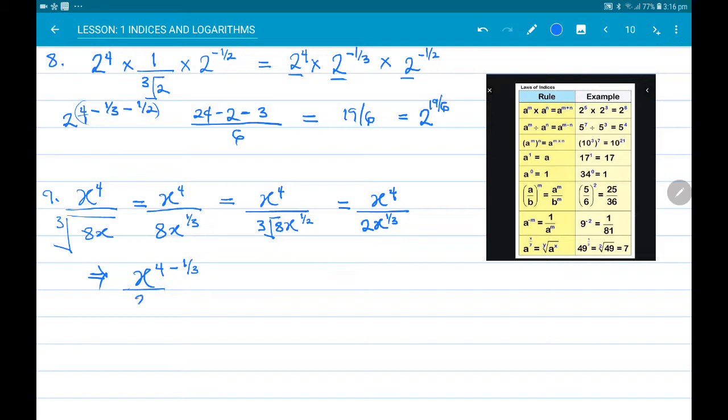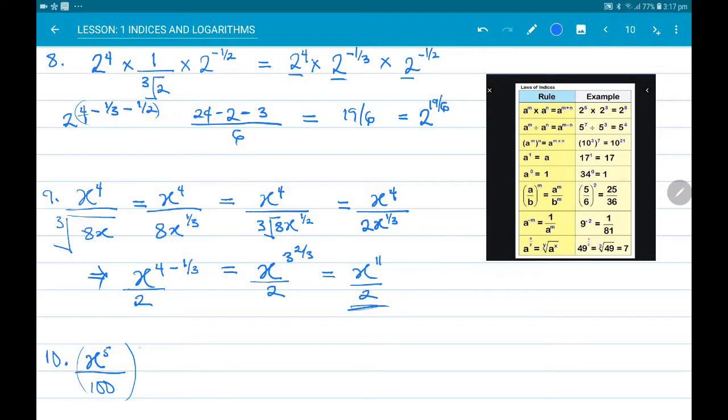Which is equal to x raised to the power of 4 over the cube root of 8 times x raised to the power of 1 over 3. Is that clear? Good. Now let's move on. We're going to have x raised to the power of 4 over 2x, because the cube root of 8 is 2, 2x raised to the power of 1 over 3.